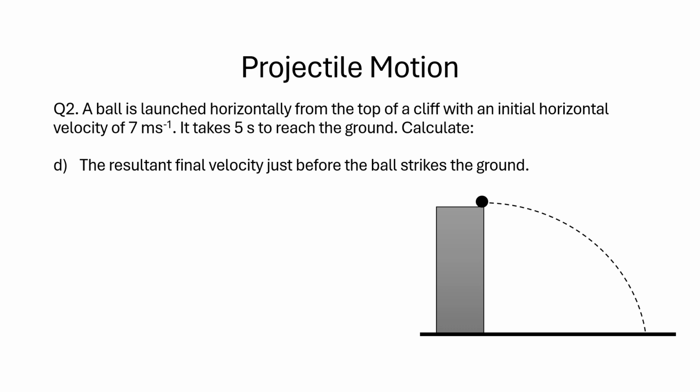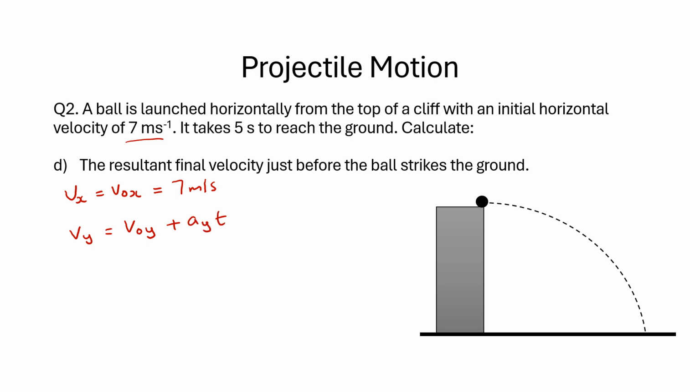Okay, so what is Vx? We said Vx equals V naught x, which equals 7 meters per second. We also need to find the value of Vy, and I will use the first formula to find Vy. So Vy equals V naught y plus Ay times the time.